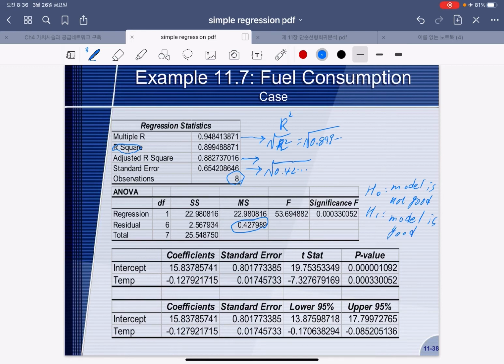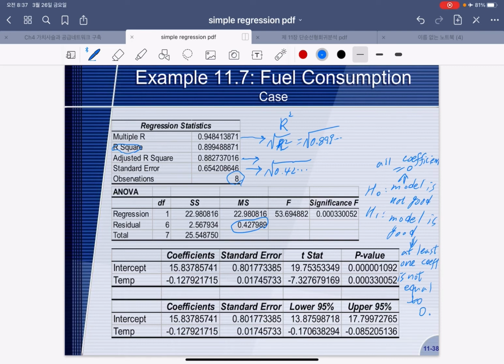Model is not good means all coefficients equal to 0, and this one, at least one coefficient is not equal to 0.